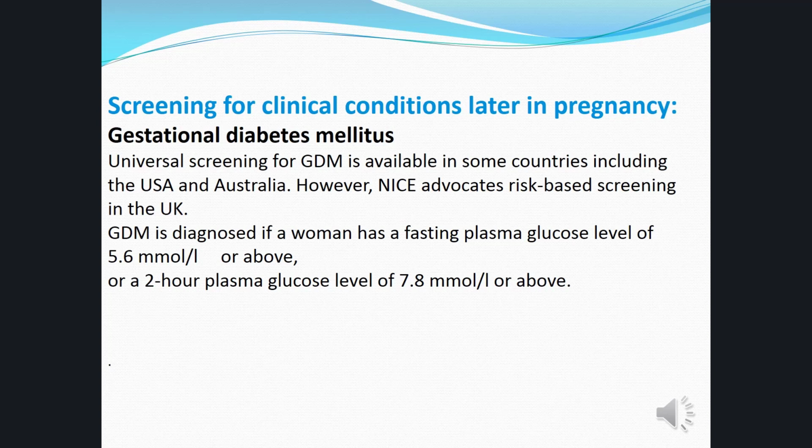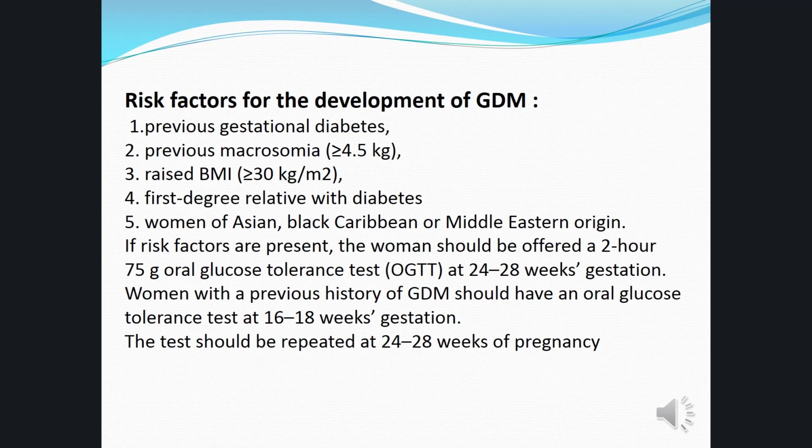Risk factors for the development of gestational diabetes mellitus: previous gestational diabetes mellitus, previous macrosomia of 4.5 kg or more, raised body mass index of 30 kg per square meter or more, first degree relative with diabetes, and women of Asian, Black, Caribbean or Middle Eastern origin.